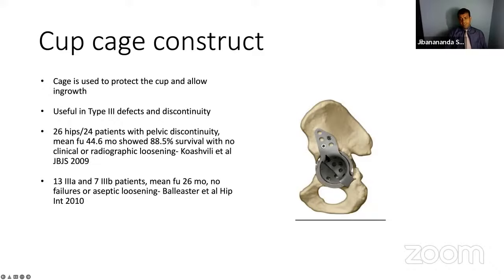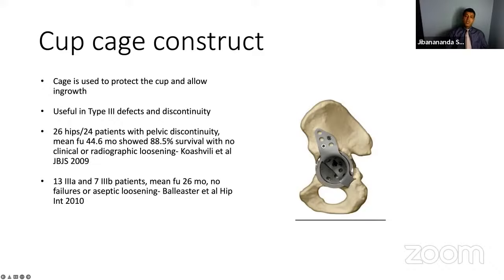But since then, the technique has been changed by Proximal et al. They put the cup in first and let the cup have some bony contact, and then protect the cup with the cage. This is called a cup cage technique, where the cup is first and the cage comes next.